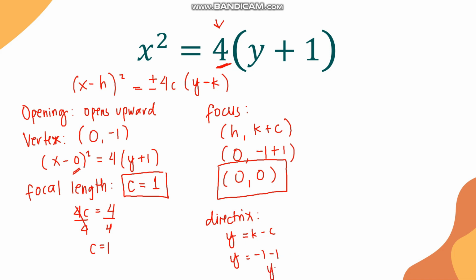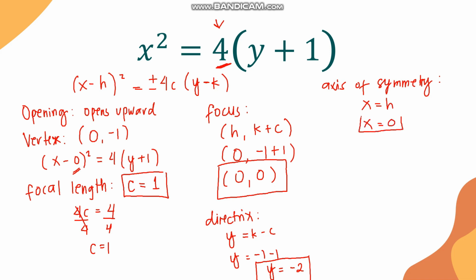Therefore, the equation of the directrix is y equals negative 2. And lastly, we have to identify the axis of symmetry. Since it opens upward, it follows the form x equals h, and we know that h is 0, so our axis of symmetry is x equals 0.